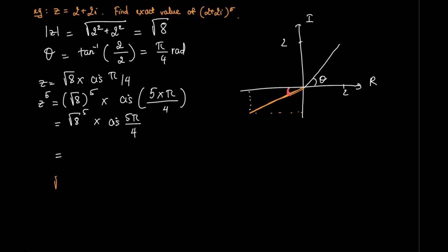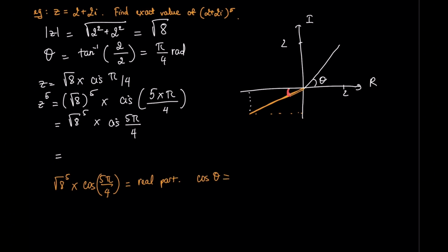We'll have the square root of 8 to the power of 5 times cosine of 5 pi over 4 equal to the real part, because cosine of the argument is equal to the adjacent side, which corresponds to the real part, over the hypotenuse, which is our modulus.